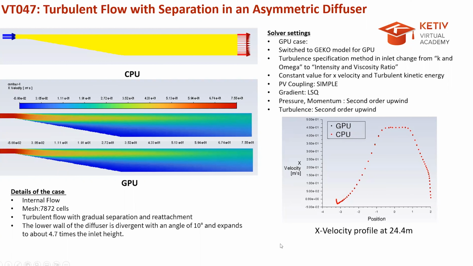So this plot over here shows you the comparison between GPU and CPU results. As you can see, they overlap each other, and you're getting the same results from the GPU as you are getting from the CPU. So no lack of accuracy here for this particular example case.